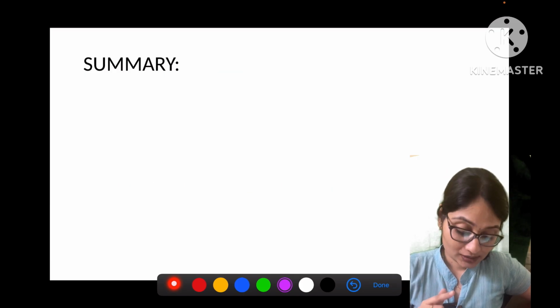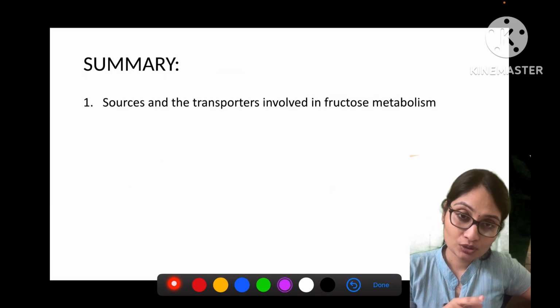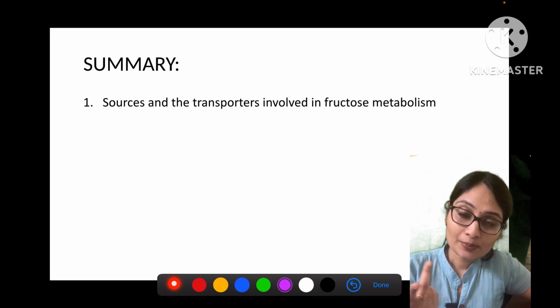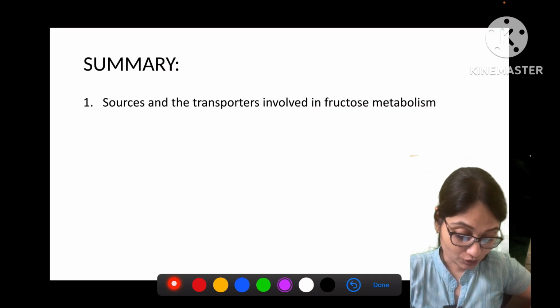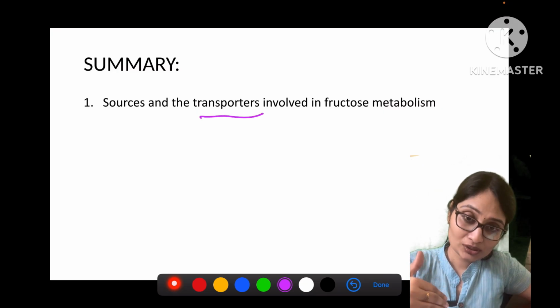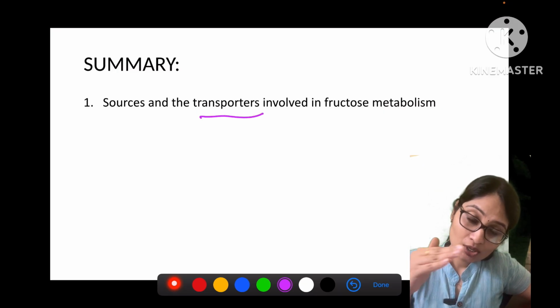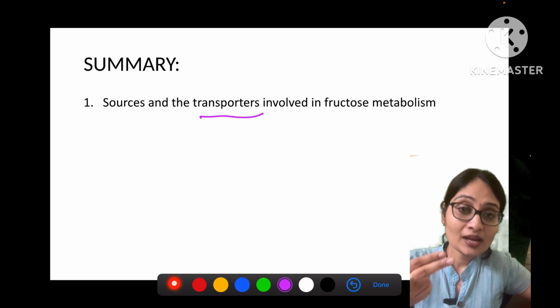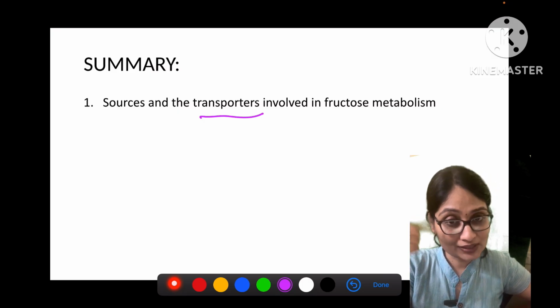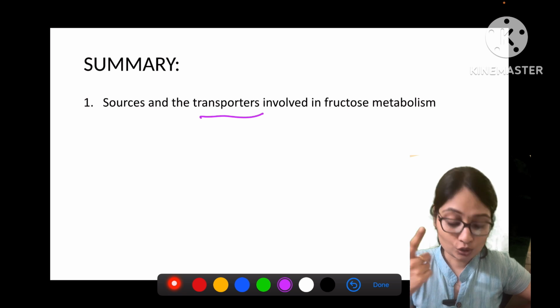So to summarize, we began with the sources and transporters involved. We looked at the sources. We all know honey, corn syrup, all those things, they are rich in fructose. And transporters, we had one gate letting the fructose inside the enterocyte and the other gate which helped in exit of fructose from the enterocyte. The first one was GLUT5 and the second one, the exit gateway, is GLUT2.